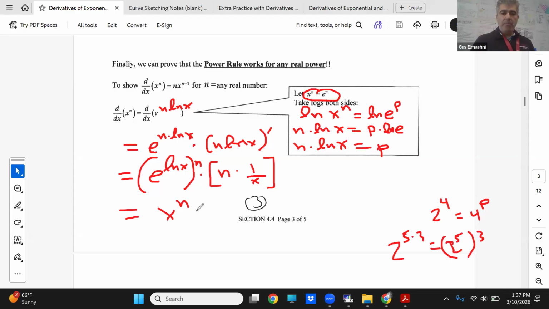And if you think about it, that's n times x to the n minus 1 power. And what do you get?